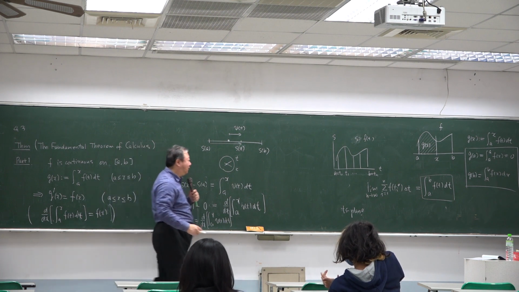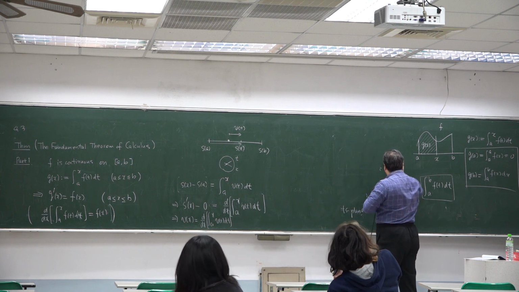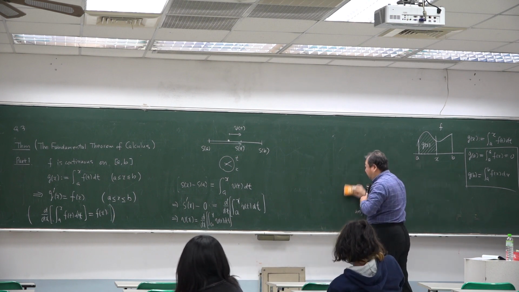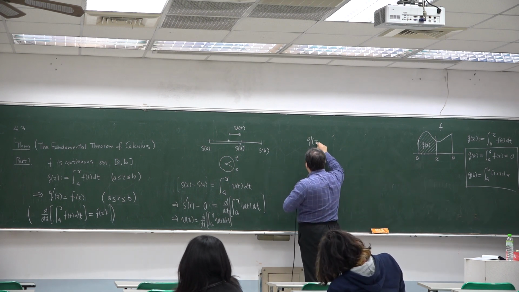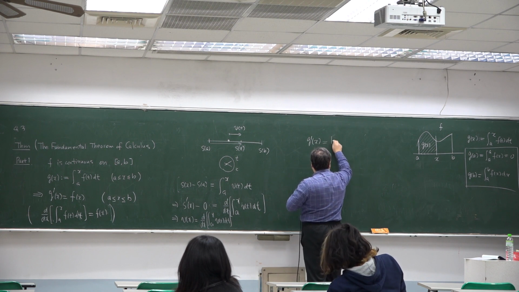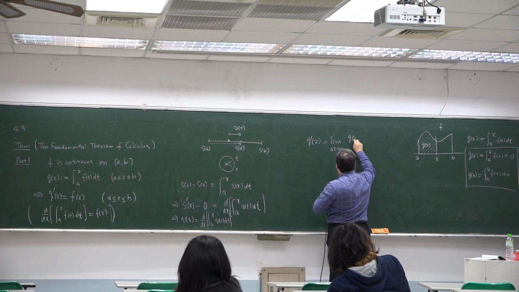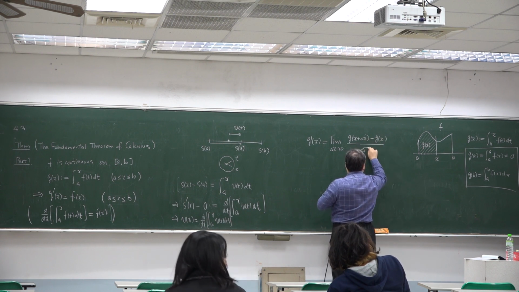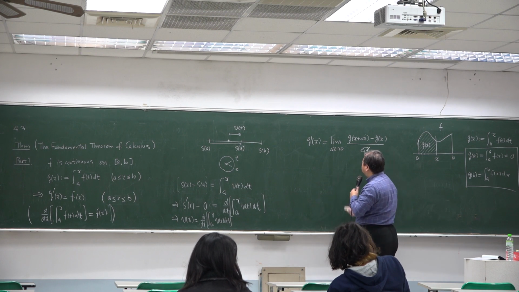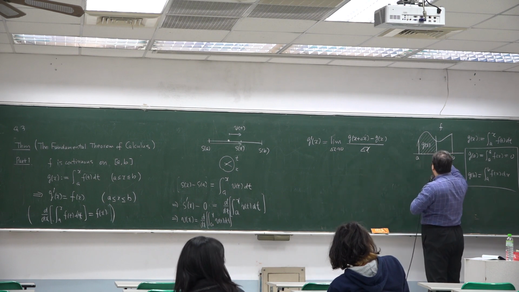Another observation from the geometric viewpoint. g prime x is... if delta x is very small, x is here, x plus delta x is here.